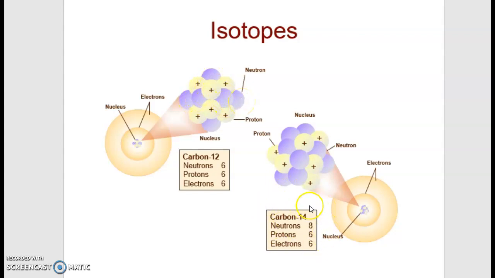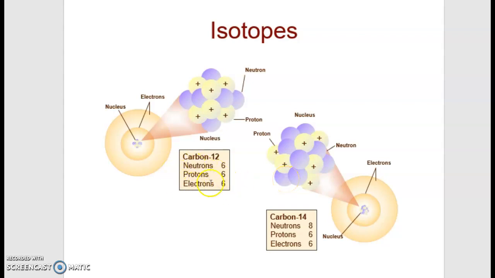For carbon-14, 14 is the mass number, so carbon-14 has 8 neutrons, 6 protons, and 6 electrons. And again, you could count them: 1, 2, 3, 4, 5, 6, 7, 8.